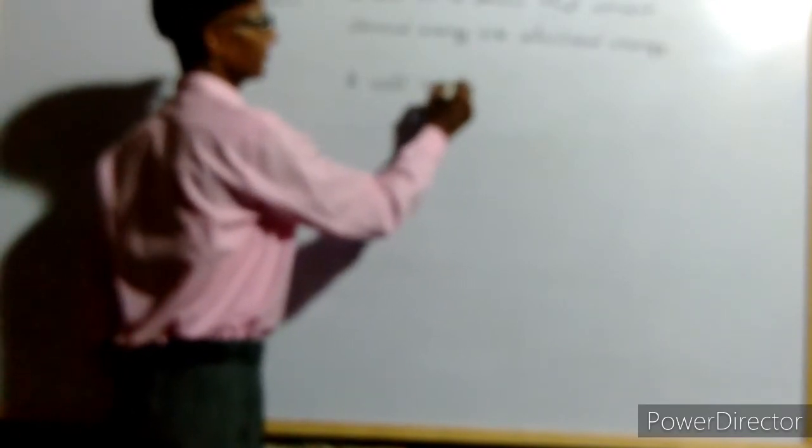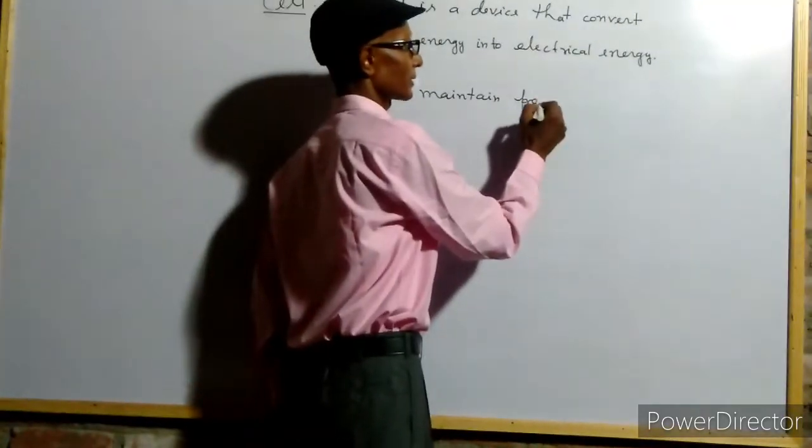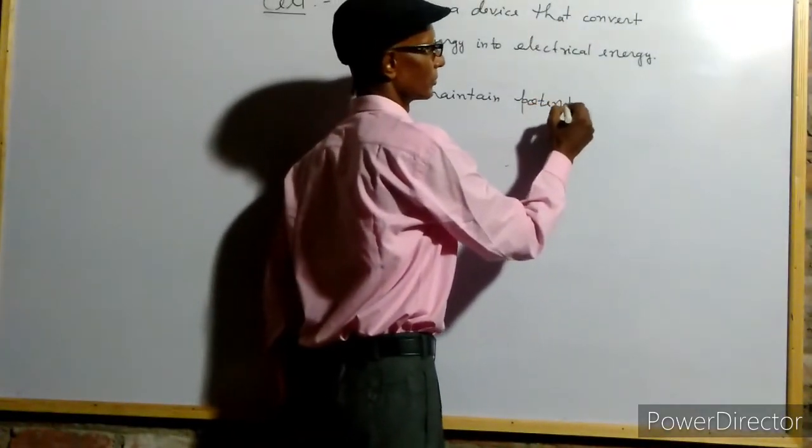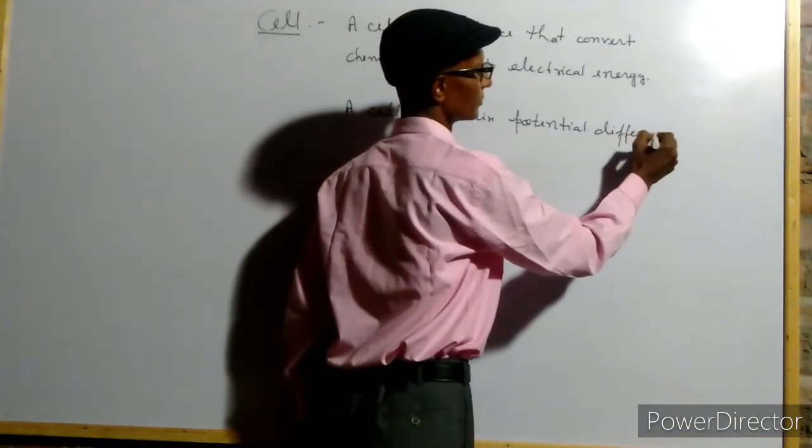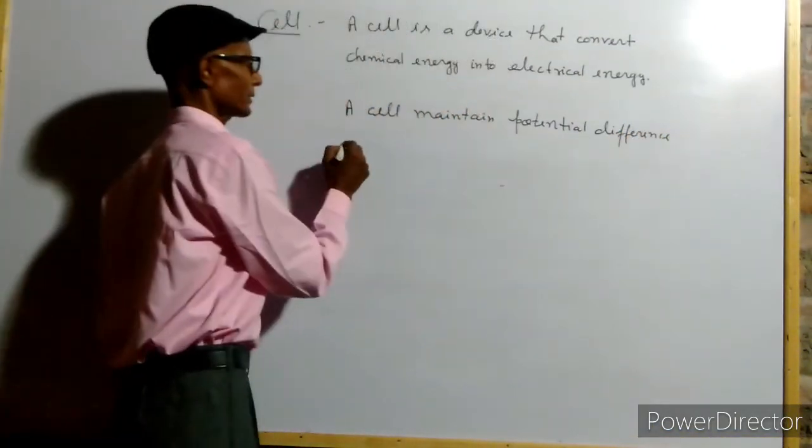A cell maintains potential difference in a circuit.